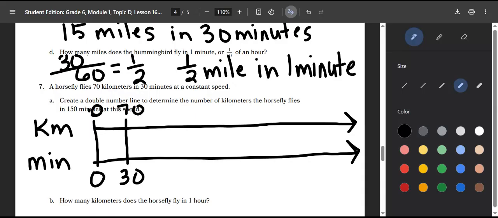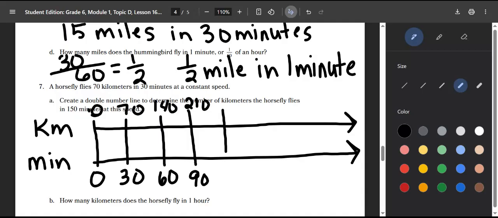We are counting by 70s on the top line and counting by 30s on the bottom line. So my next line is going to be 140 over 60, just multiples of 70 and multiples of 30. Then 210, because 70 times 3 is 210, and 90, because 30 times 3 is 90.